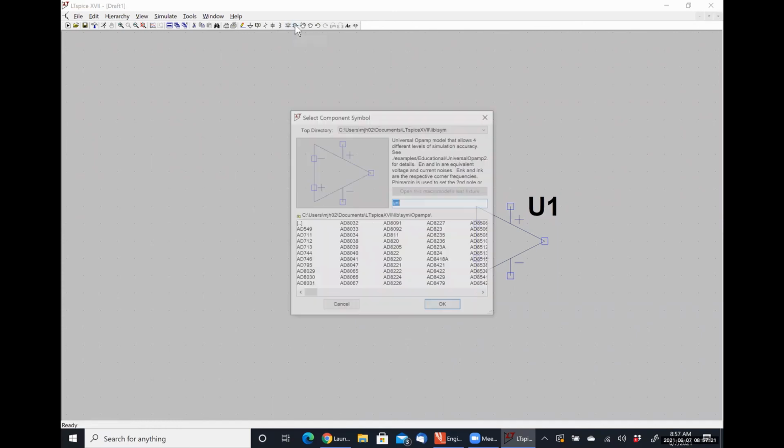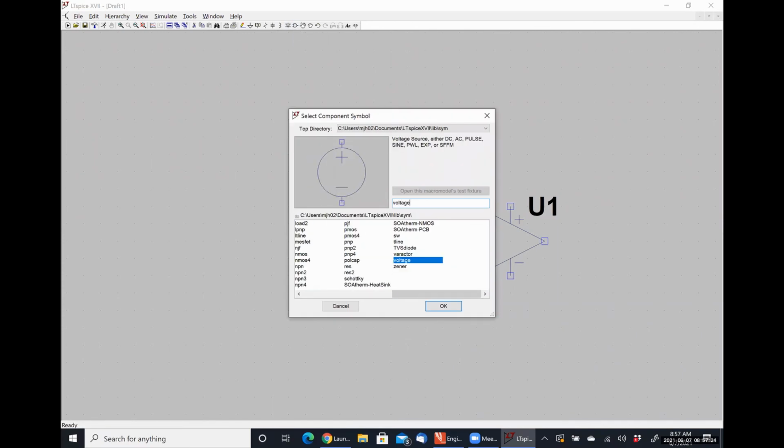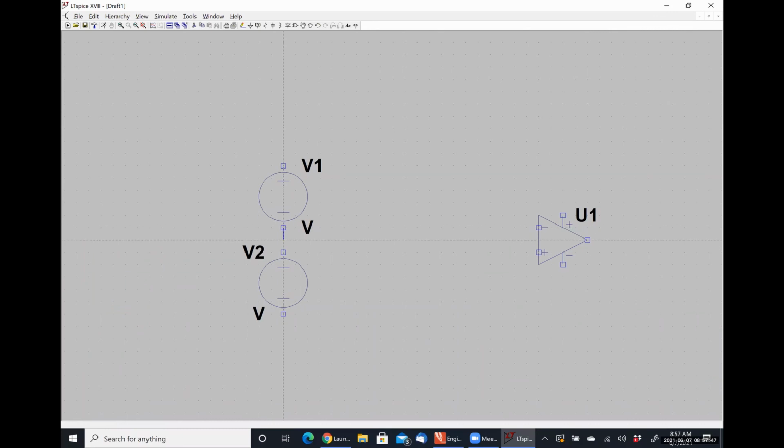I am going to drop in several voltages. And I'm going to put them over here. It may seem weird at first. These are going to be my supply voltages. I link them up like that, and then I put ground in the middle.